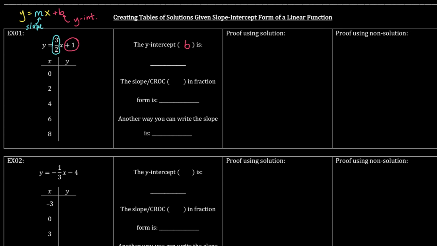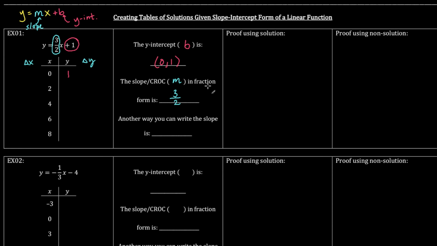So we start at 0, 1. And we have a rate of change. We have a slope, a change in y over a change in x, of m, which is 3 over 2.